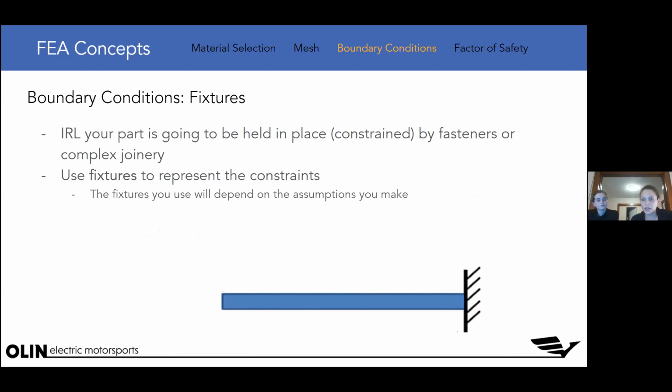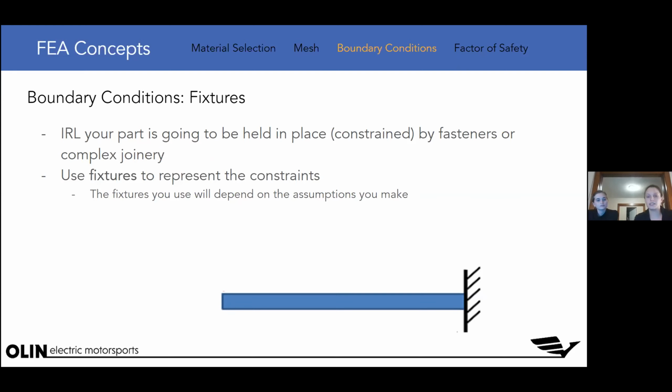Another important thing is boundary conditions, and one of those is fixtures. In real life, your part is going to be held in place or constrained by fasteners or joinery or something like that. You need to represent these fixtures in your analysis, otherwise you're not going to get accurate results. A good example of this is your standard cantilevered beam problem.